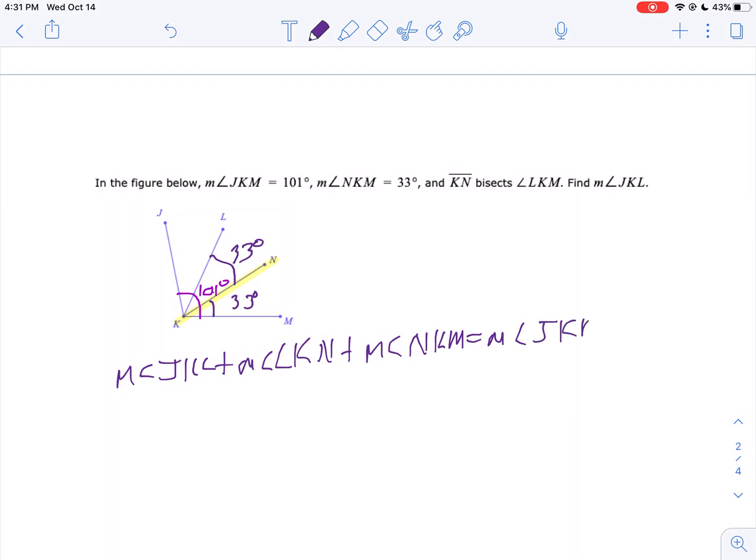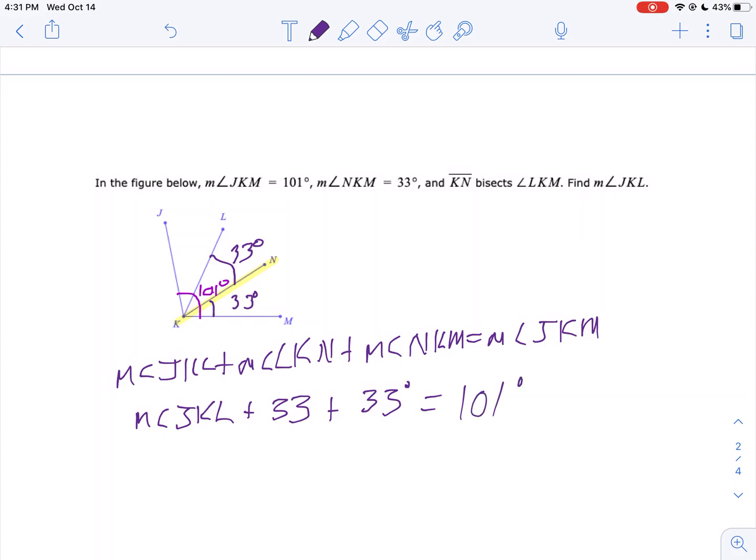So it's kind of like the previous problem, just a little bit more complex. Now, I don't know JKL, so I'm going to leave that alone. We know LKN is 33 degrees. We know NKM is 33 degrees. And we know the whole angle JKM is 101. So this is the kind of work I want to see.